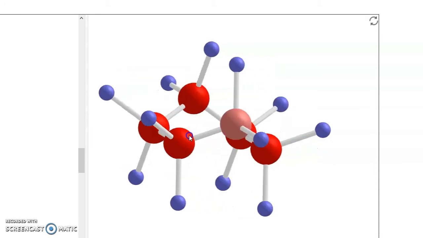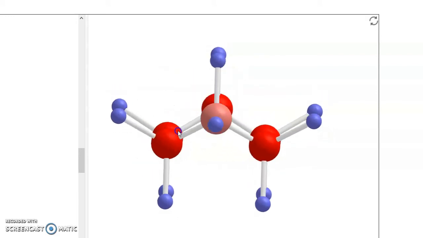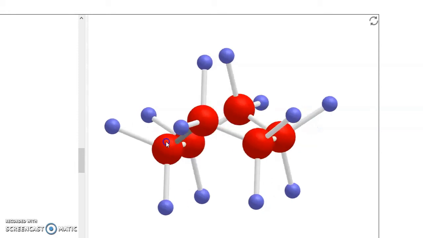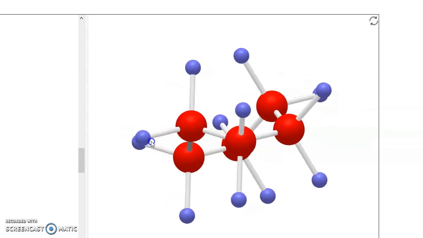Okay, we come across another boat form. Now here again we have another gauche form. See, another eclipsed form. Alright, so we can say that 2, 3, 4, 5 and 5, 6, 1, 2 form eclipsed and the rest form gauche. So in boat conformation, see here we have another gauche form.